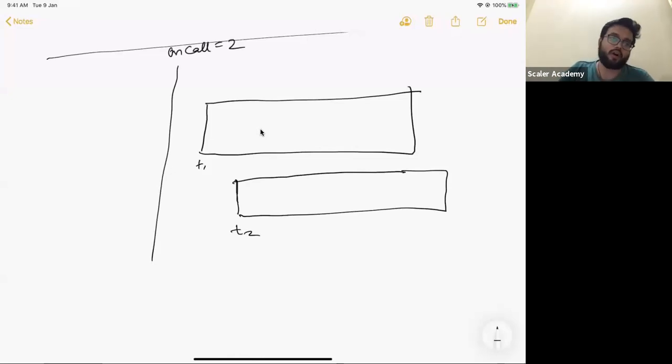There were 2 people who were on call at that shift. This person started here, figured out that there are 2 people, and just because there are 2 people, he would also run another query to update it and set that he is not available. Does it make sense, folks? And once he is not available and everything gets committed, the number of people on call will be 1. Does that make sense?